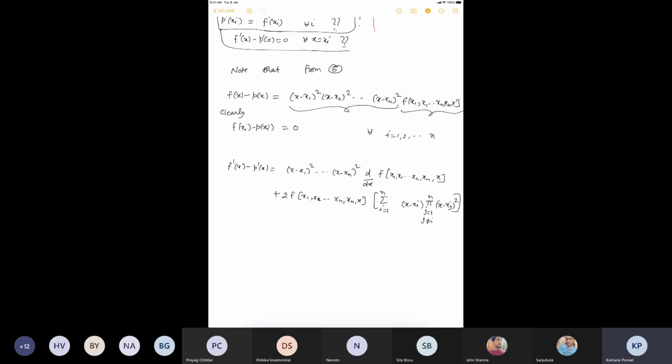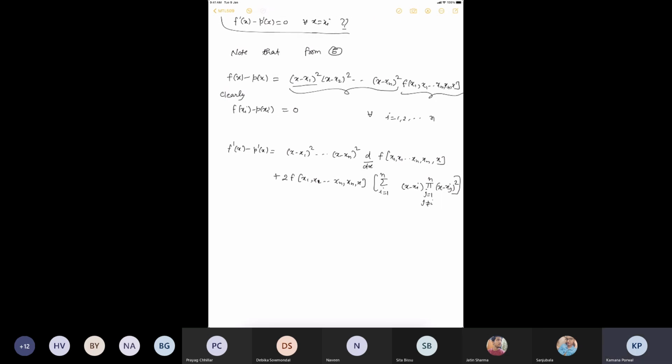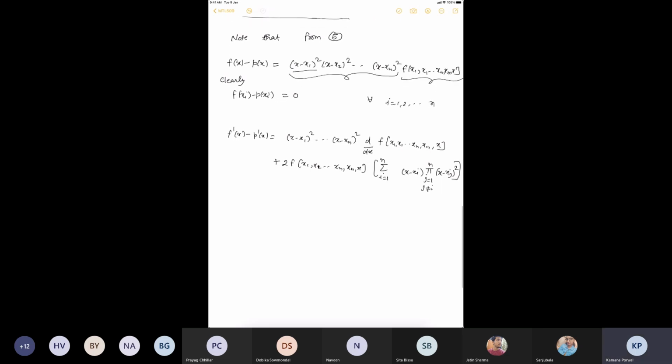Because each time we differentiate one of the terms, and the rest of the terms remain as they are. So this is what we get upon differentiating. And again, if you substitute x equal to xi, you can observe that this term is anyway 0, and here also you have x minus xi as a factor. So this will also be 0.